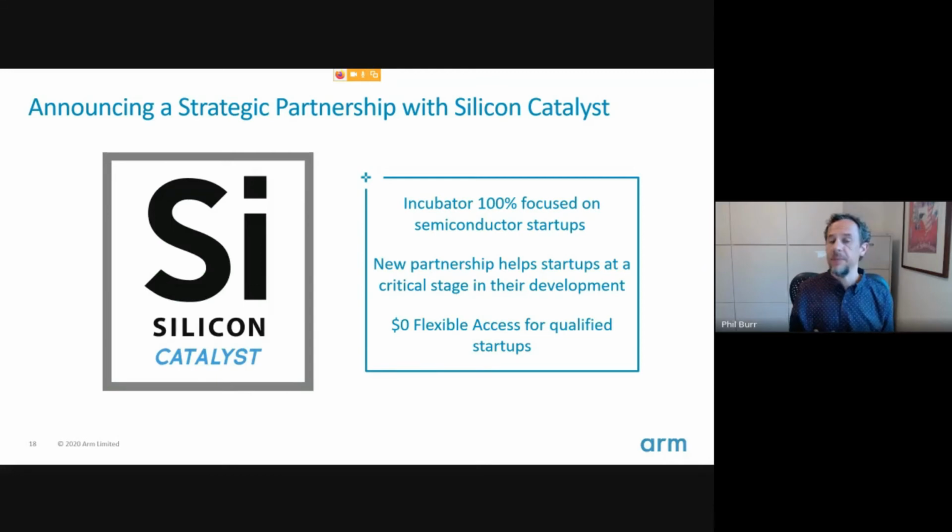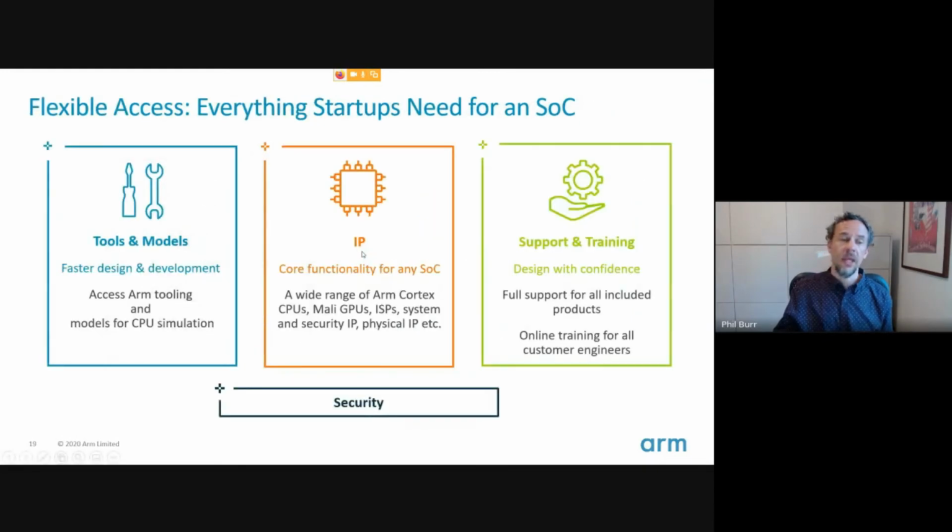And what this partnership does is allow startups to get access to IP, to tools, and to help and mentoring in that early stage of the development. Again, this is all about helping startups get off the ground and into their development.